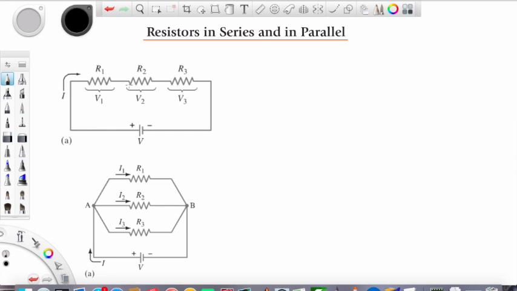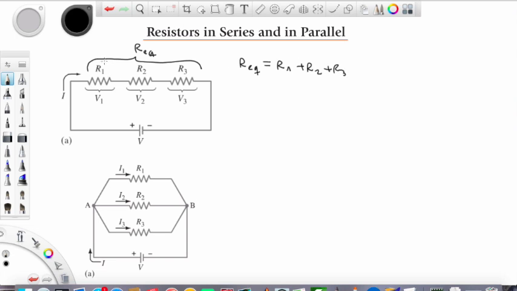So when we have resistors in series like this, we would like to evaluate what is the equivalent resistance of this kind of system. When they're in series, that's pretty simple. The equivalent resistance is just the sum of all three.